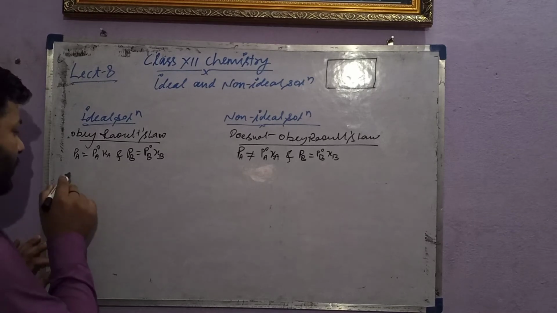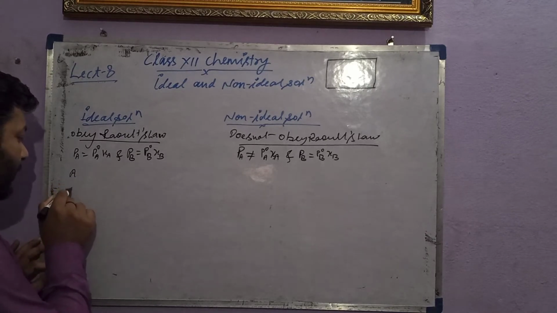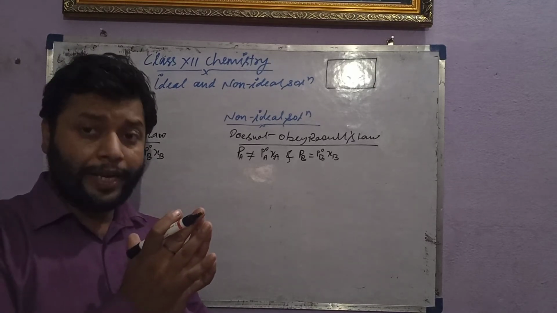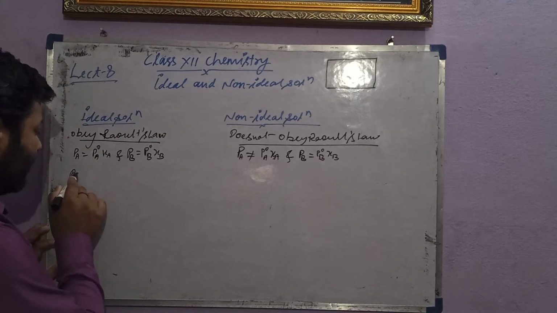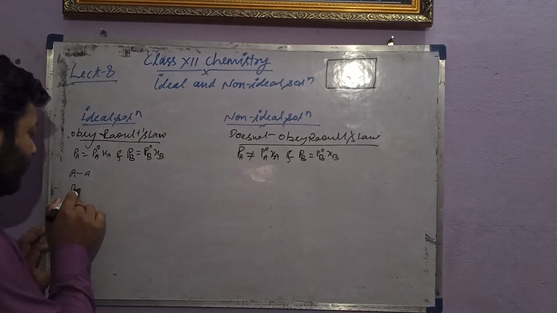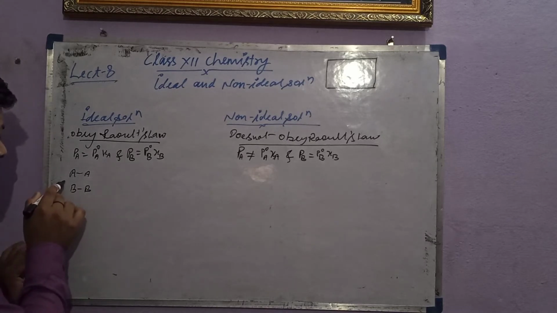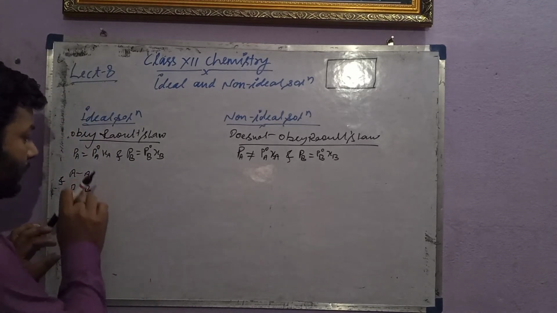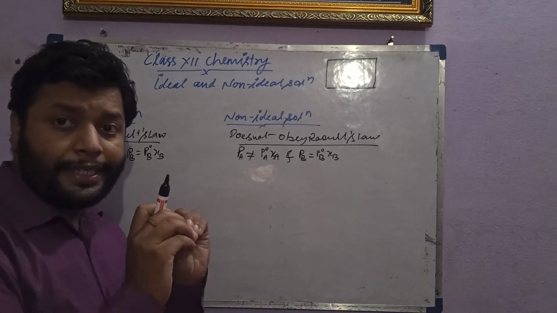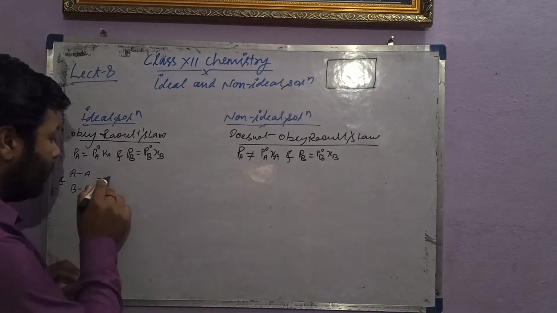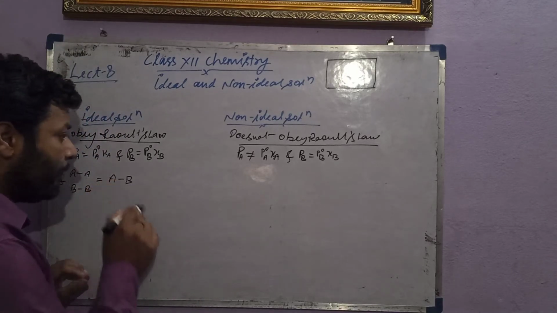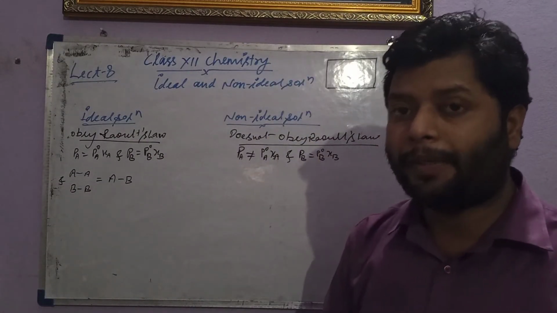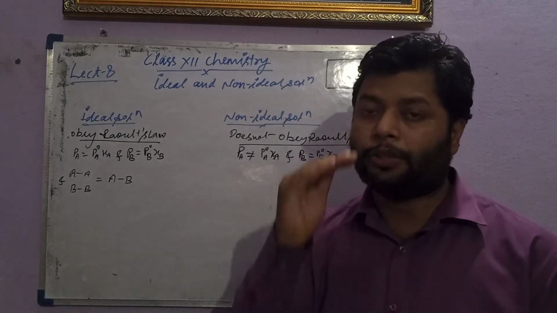There are two different components, component A and component B. Consider the force of attraction between A and A and the force of attraction between B and B. If the force of attraction between the individual components is equal to the force of attraction between the two different components, then they will show ideal behavior. That is the first basic concept.